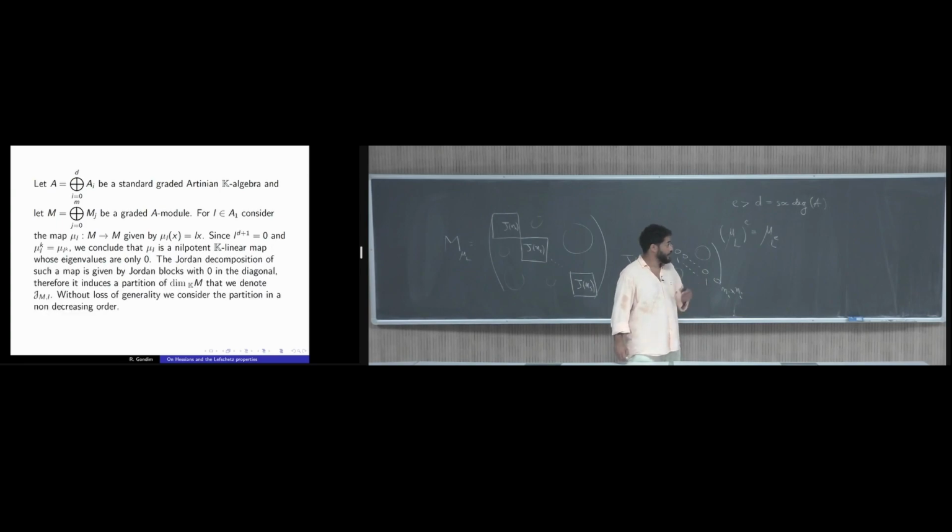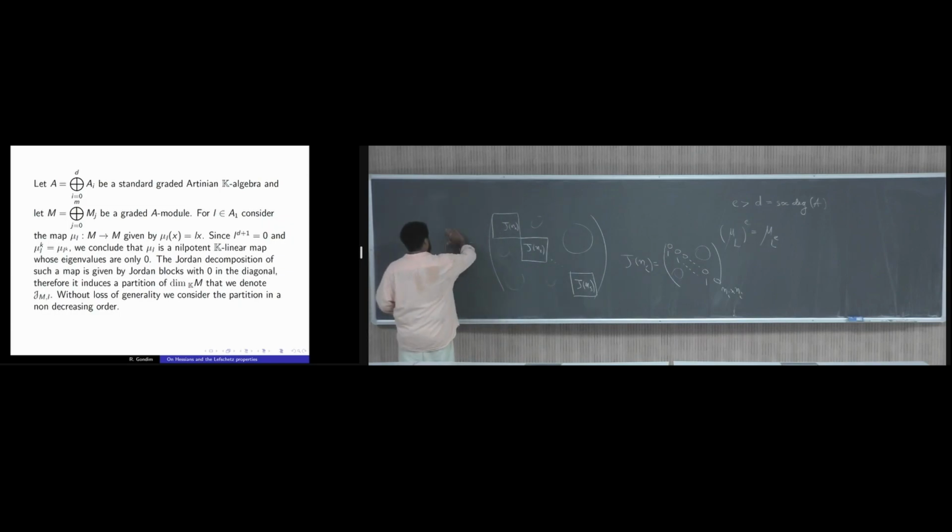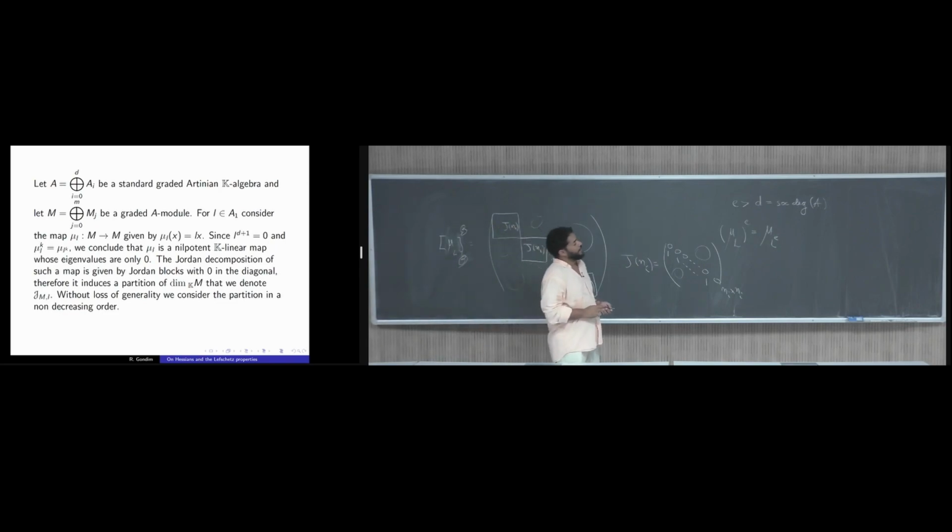Again, I call the matrix with the same letter as the module. It is the matrix of mu L with respect to some Jordan basis. It's a partition of the total dimension of the module as a k-vector space.